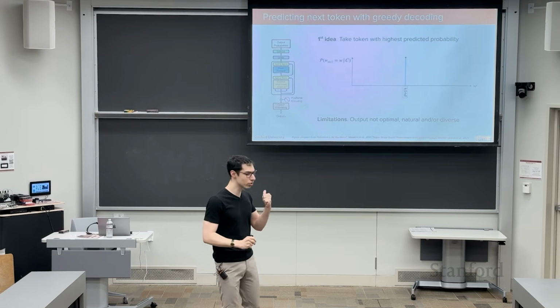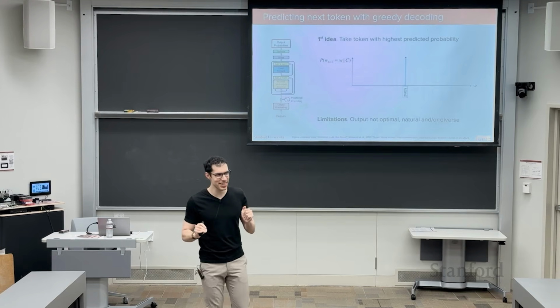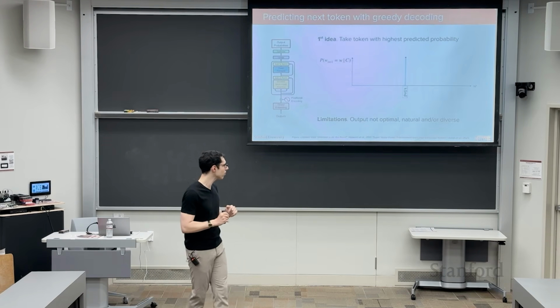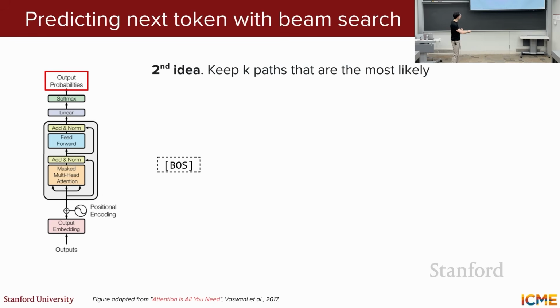So choosing the highest predicted probability is a good first idea, but it's locally optimal, not necessarily globally optimal. And this is the reason why we have a second method that keeps track of the k most probable paths.